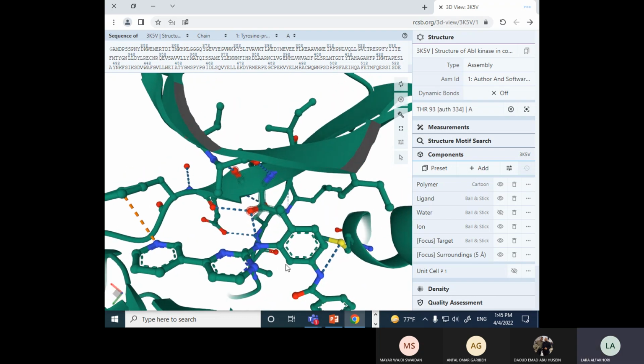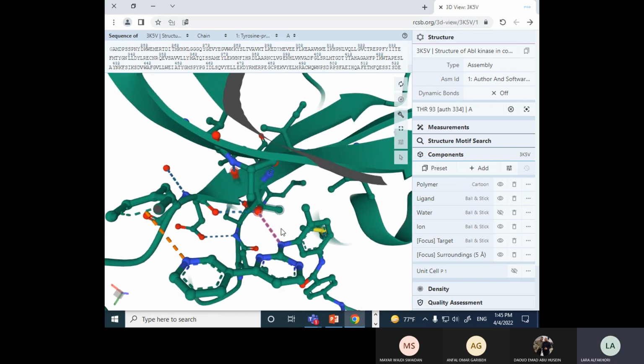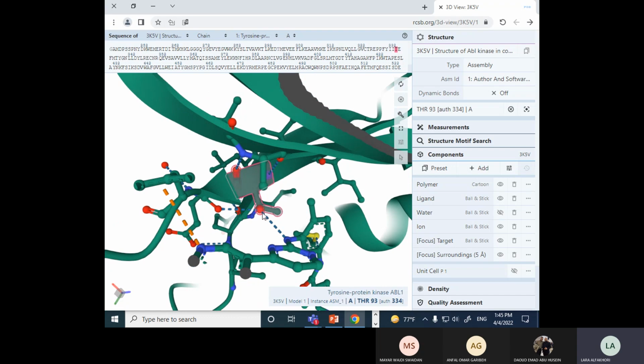So that's the threonine in here. As you can see, the threonine is forming a very important hydrogen bond interaction with this nitrogen that is attached to the pyrimidine ring.